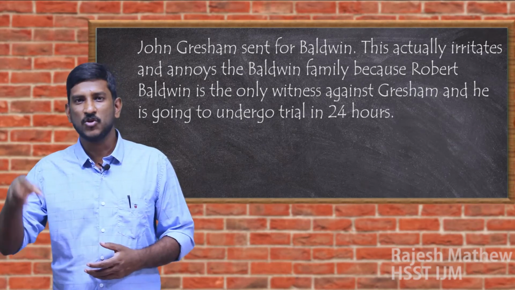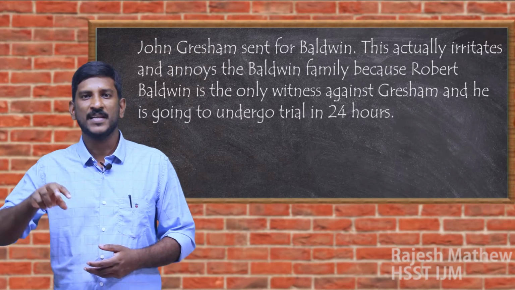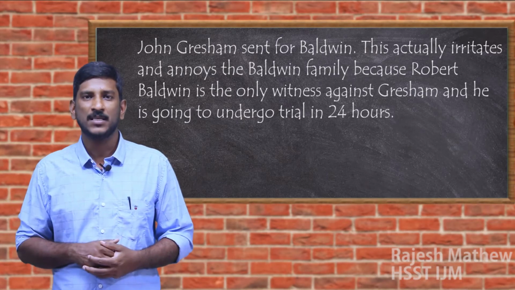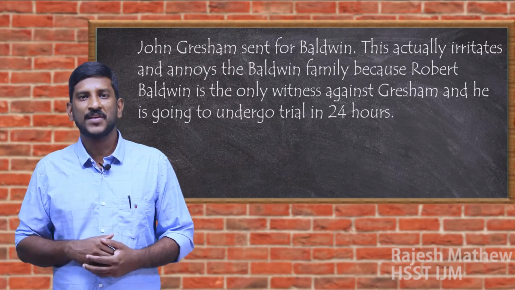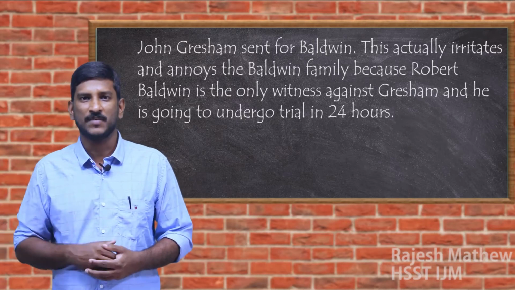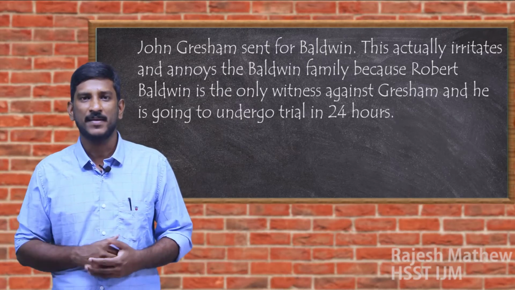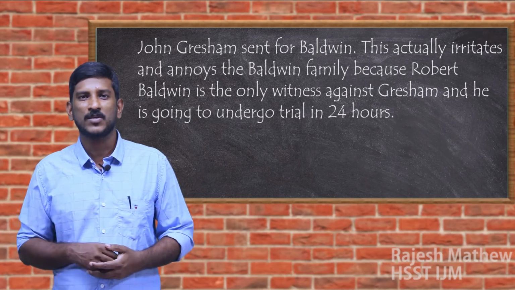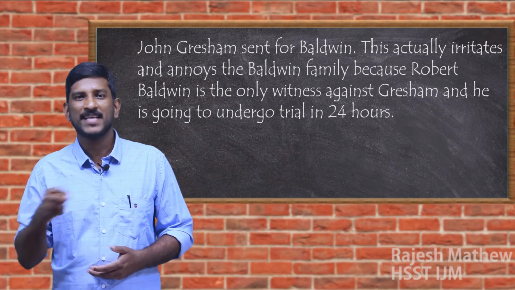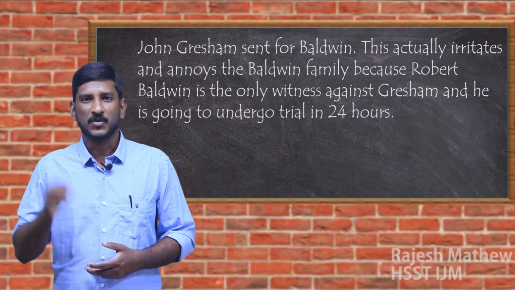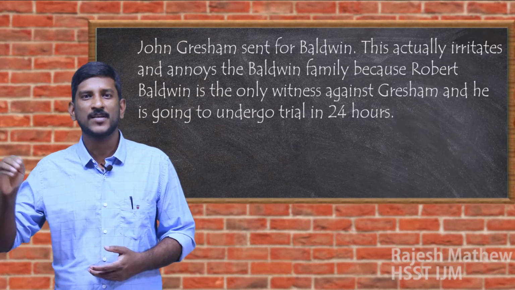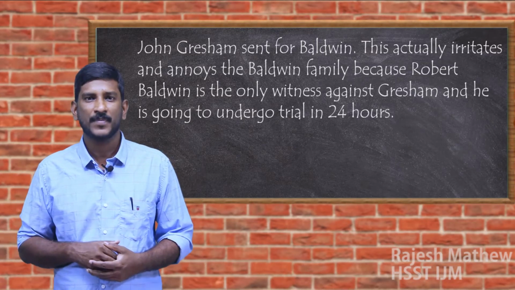The family members know that everyone in the locality knows that Robert Baldwin is a morally upright person. He is an honest man. But there is a lingering doubt in the minds of the children. Robert Baldwin is a close friend of John Gresham.